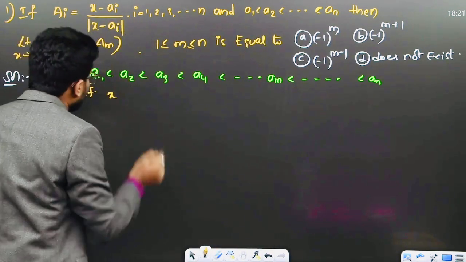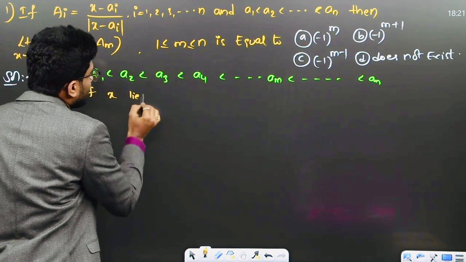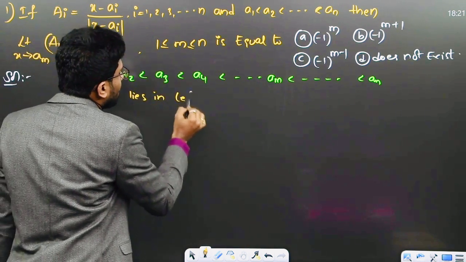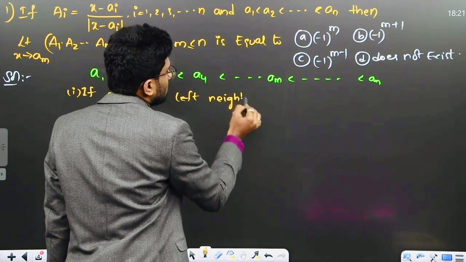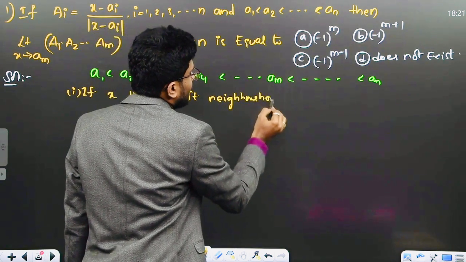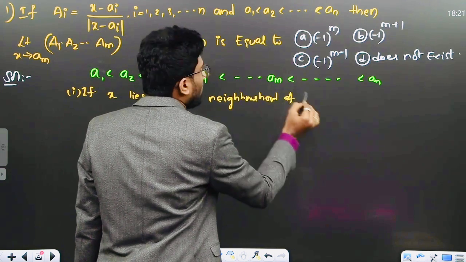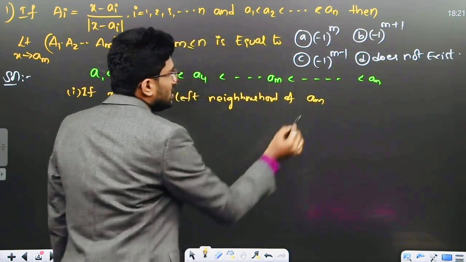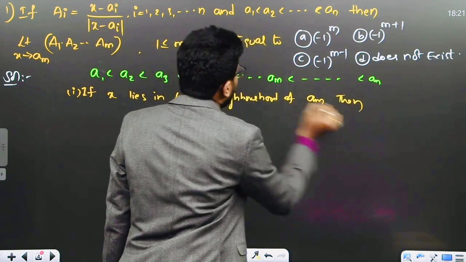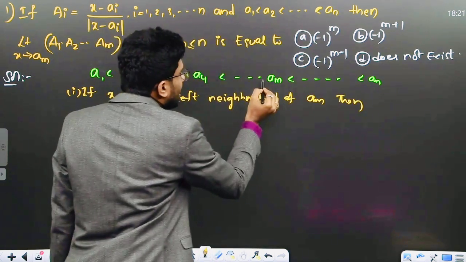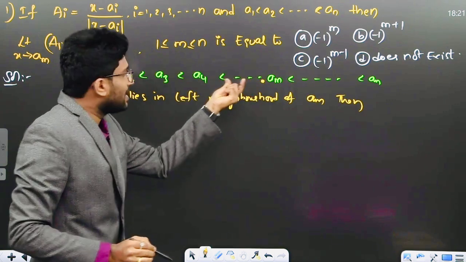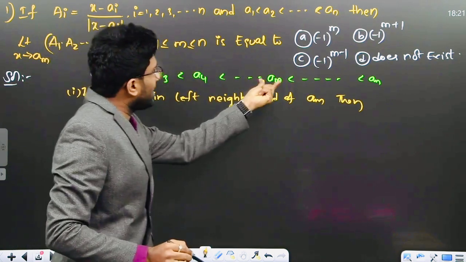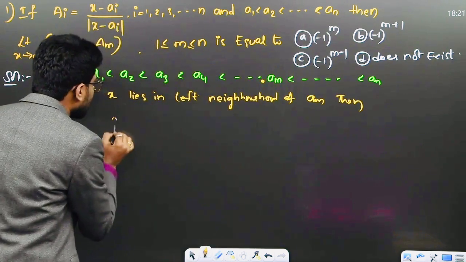As x tends to a_m, first if x lies in the left neighborhood of a_m, then what happens, friends? Suppose now x lies here, x lies in the left neighborhood of a_m.